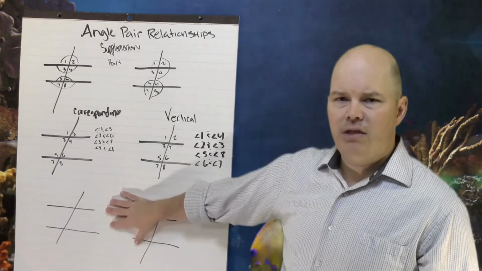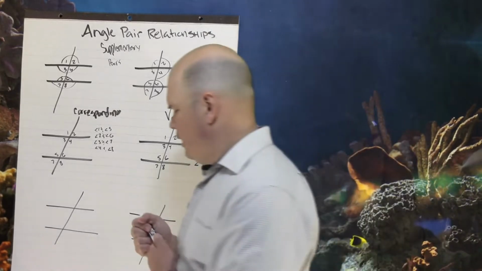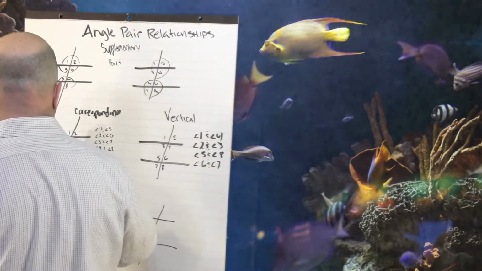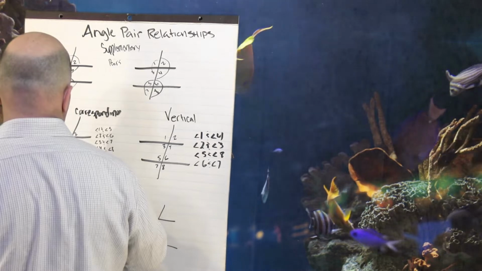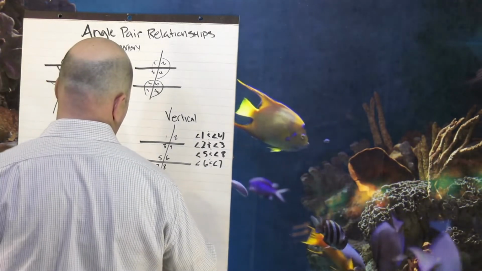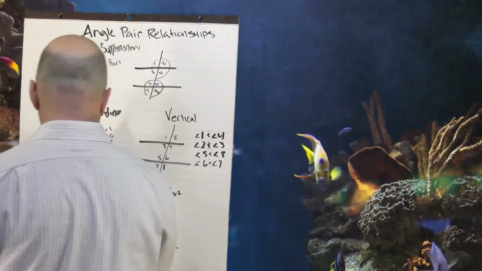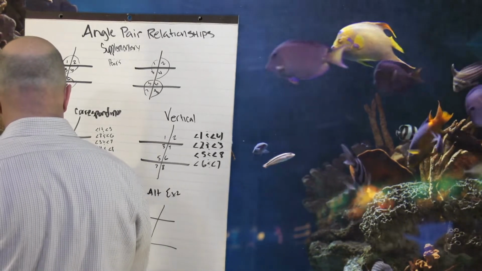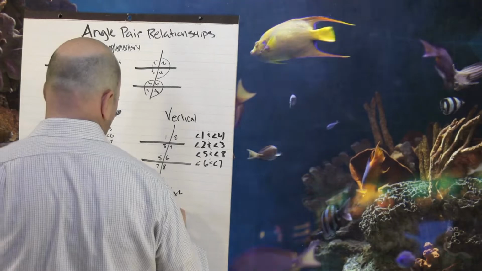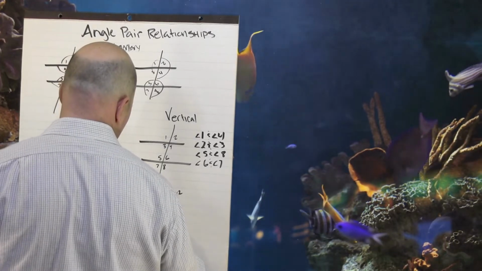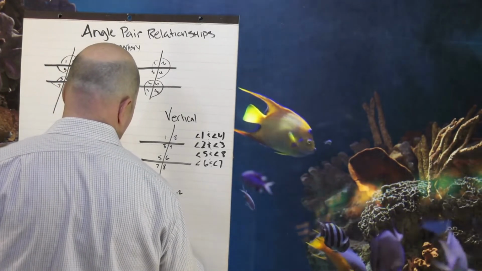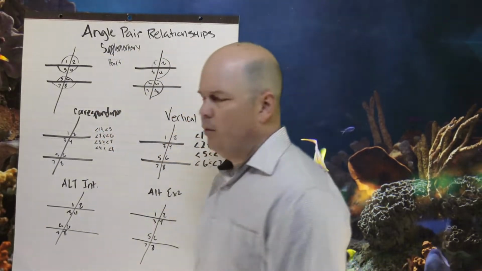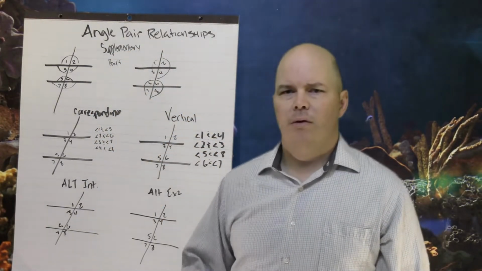The last two are our kind of different ones. We have our alternate interior and we have our alternate exterior. So when I write in my angles for both of them, these relationships deal with opposite or same side.